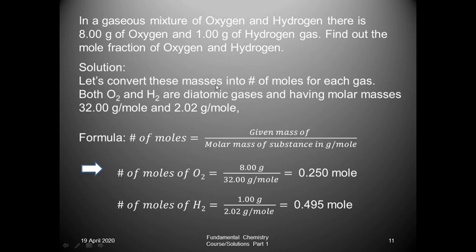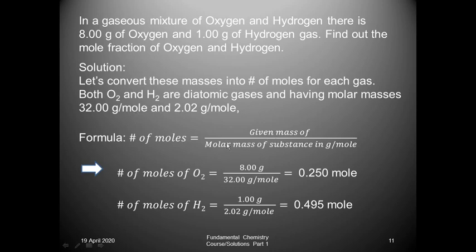Let us convert these masses first into number of moles. You know how to convert given masses into number of moles. What is the formula? Number of moles equals the given mass of that particular component divided by the molar mass of the substance in gram per mole. You can write it as gram mole to the power -1 or in this way also.